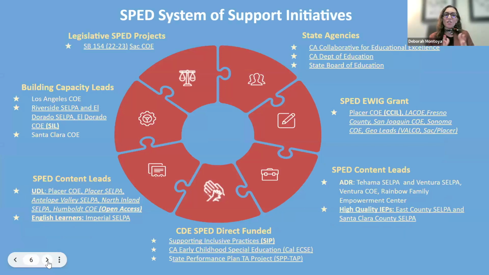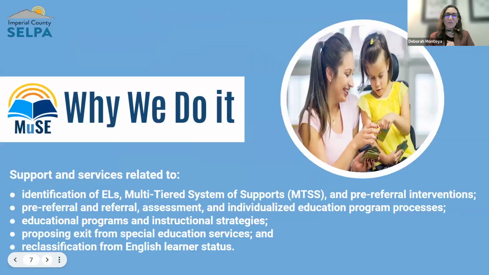So you may see on this screen a project that you're familiar with. Again, our area is English Learners, Imperial SELPA, on the very, very southeast corner of California. And we do this work specifically in support of you.